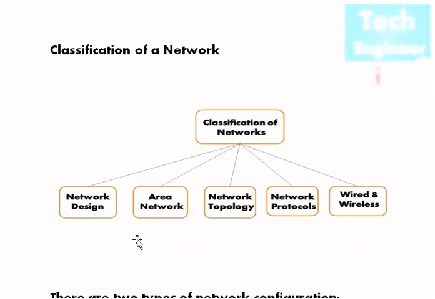We often made network designs in Packet Tracer, Boson NetSim, or GNS3. We create network designs there in a theoretical way. Area network, we're going to learn about area network. Network topology, we already learned about network topology like bus topology, star topology, mesh topology, tree topology, and hybrid topology.